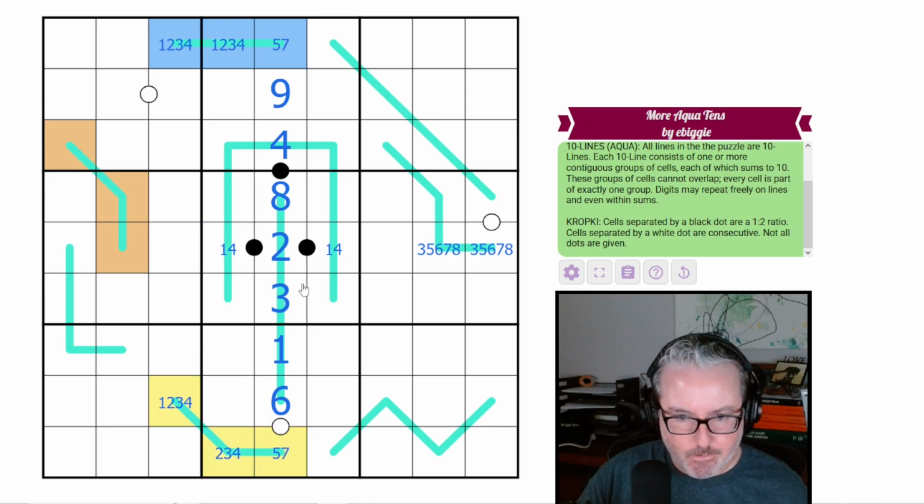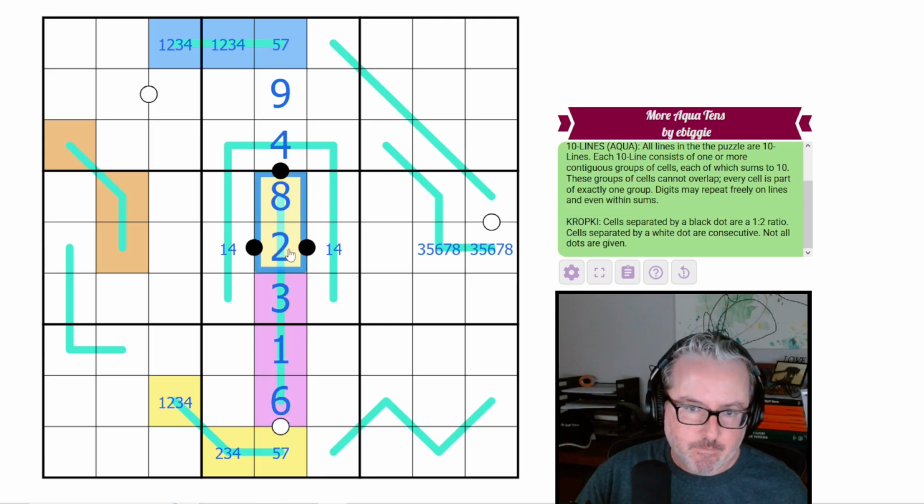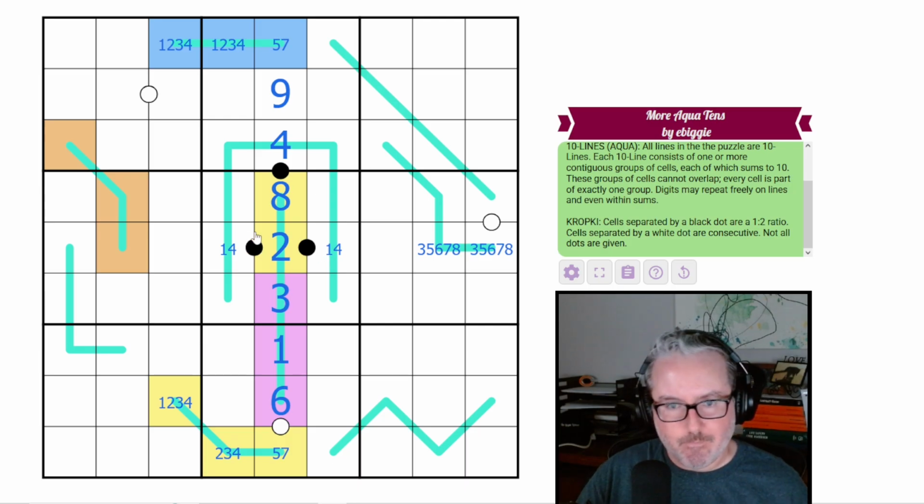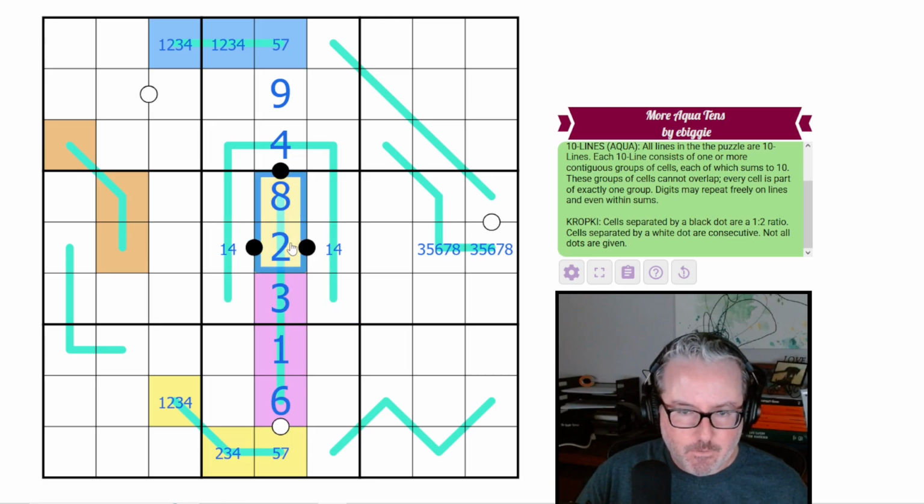Okay, so let's mark these. We'll do yellow and purple, just so that we've defined them as being the groups that they are. Okay, so where does this get us now? We've got a 4 here. Okay, let's go back to what we were saying here maybe, and how we can divide this up, because this adds to 10.